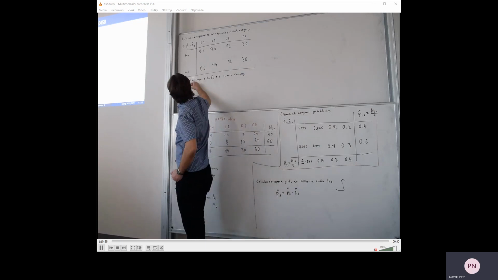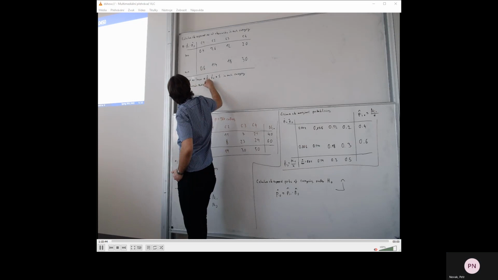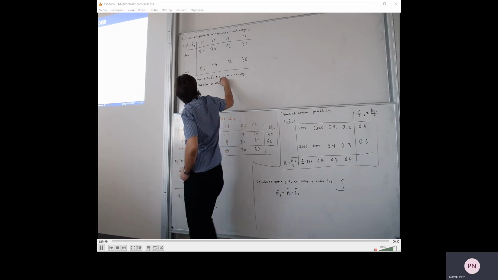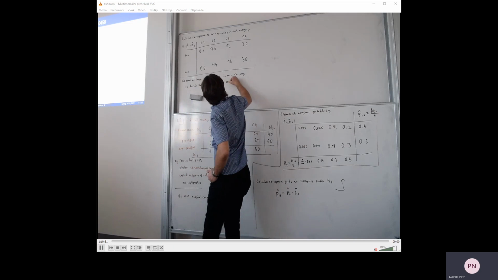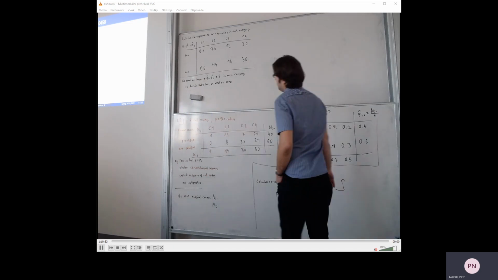This doesn't work here. We need to merge the categories together.